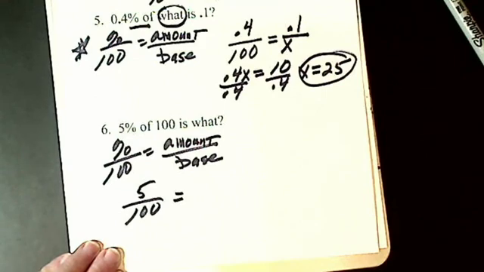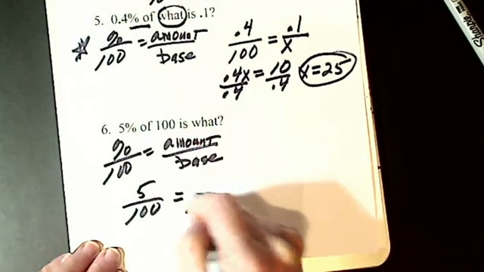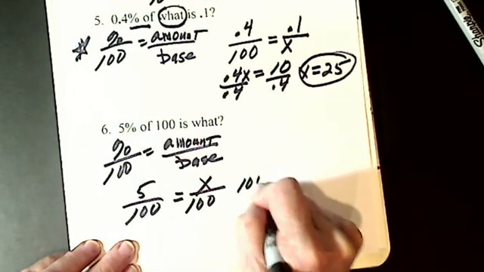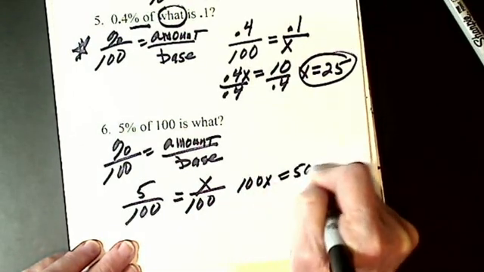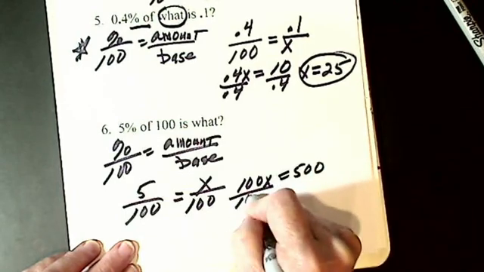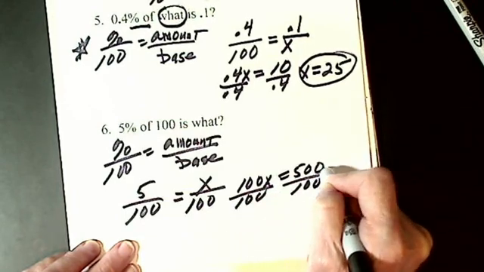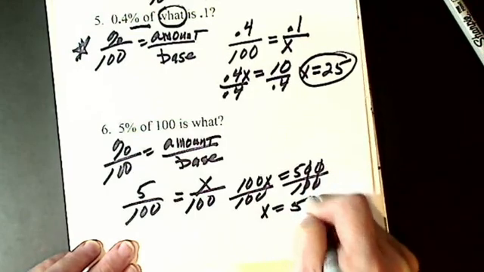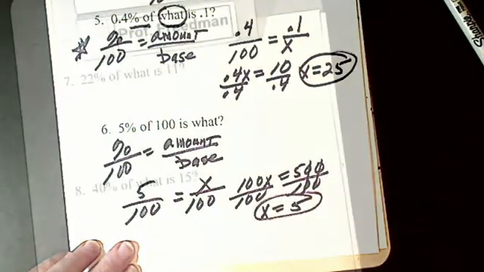So do I have anything after percent of? 100. That's my base. This time my x is here. My cross products: I have 100x equals 500. Divided by 100, or I could just move it 2. But x is going to be 5.